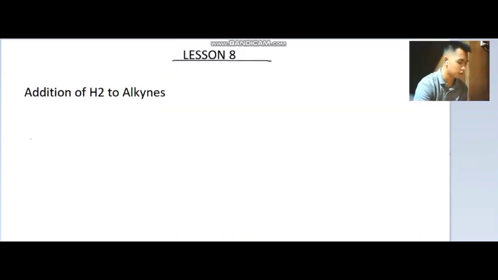Okay, so next is that we have the addition of two hydrogens to an alkyne. For example, we have an alkyne here. We have R, C, and a triple bond here that signifies that this is an alkyne.